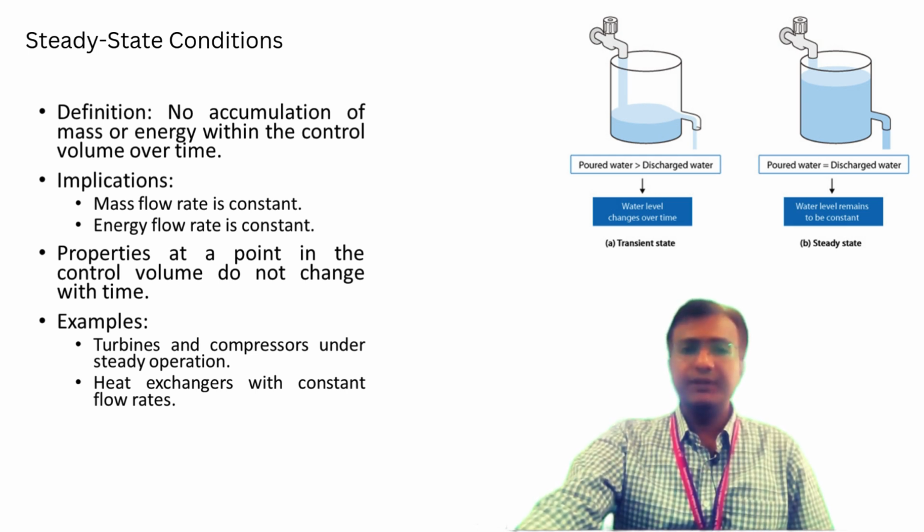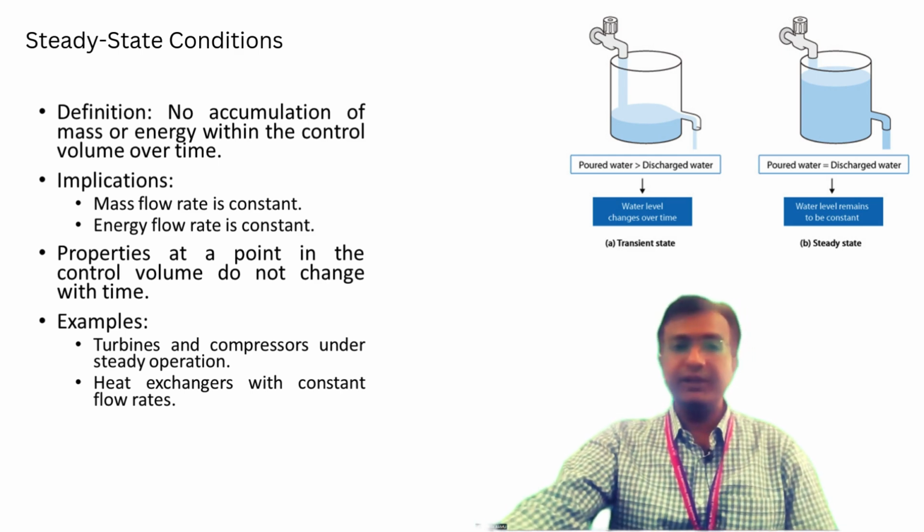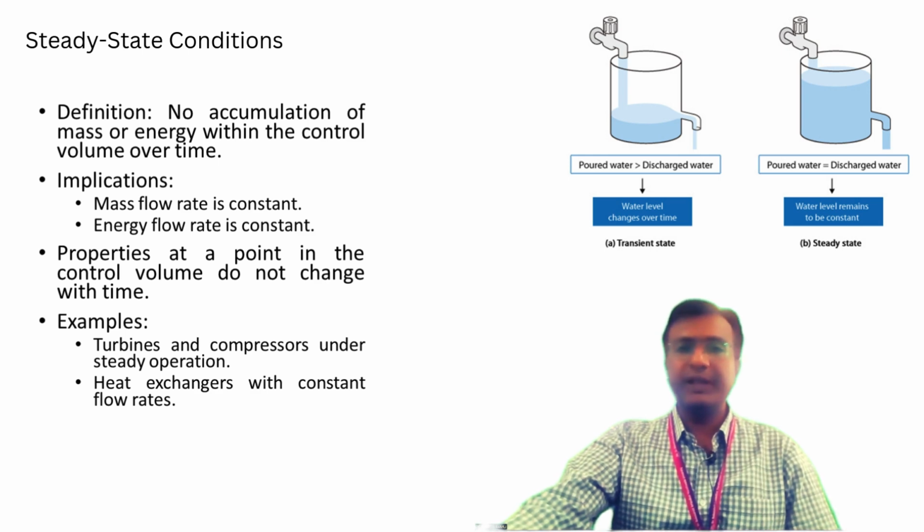Now we will discuss the steady state condition. Steady state condition occurs when there is no accumulation of mass or energy within the control volume over the time. This means that the mass flow rate into the control volume equals the mass flow rate out, and the energy flow rate into the system equals the energy flow rate outside the system.